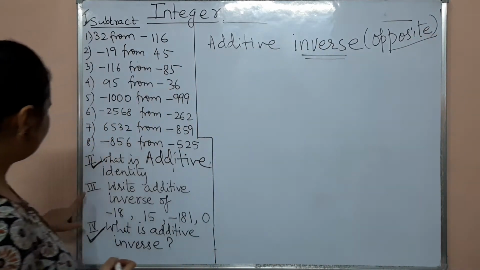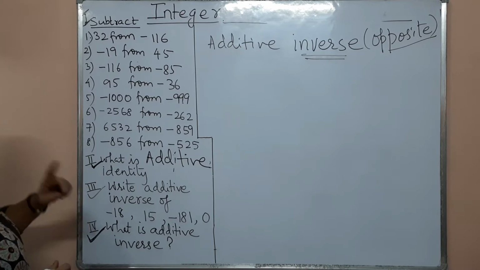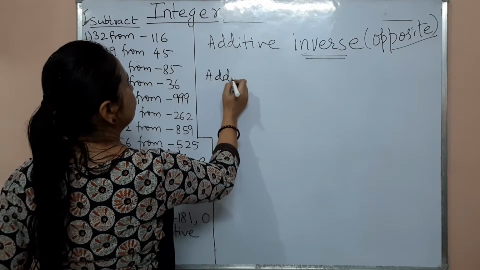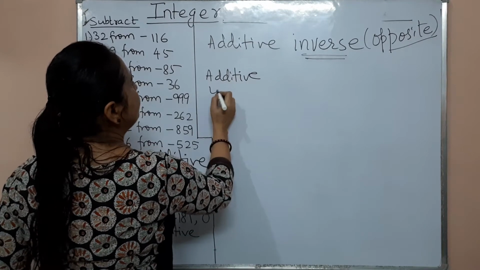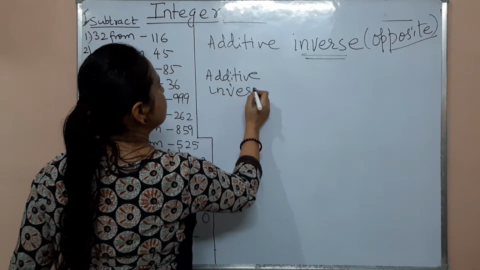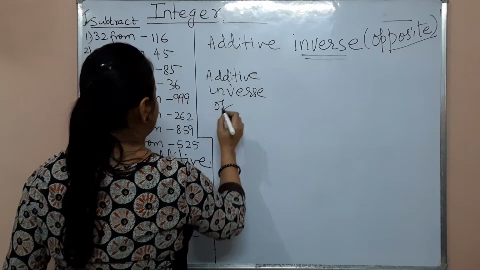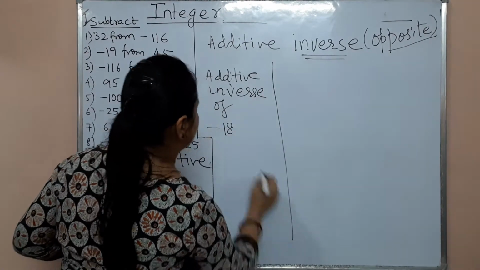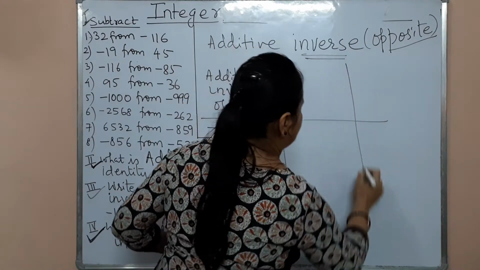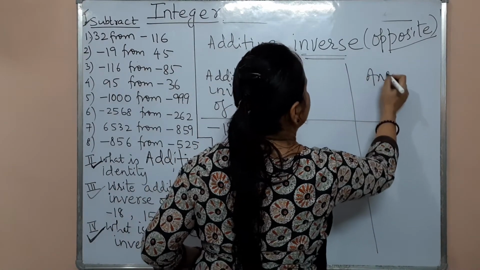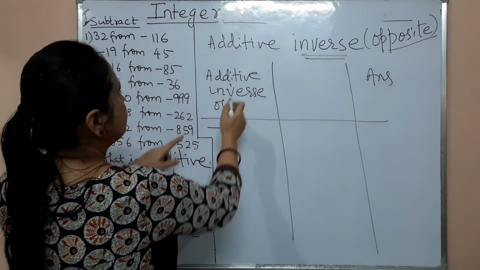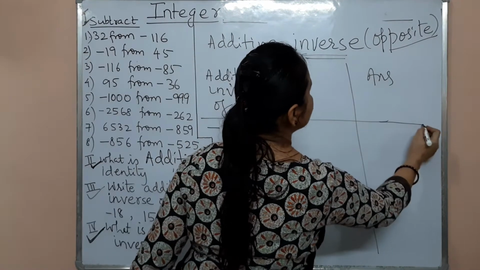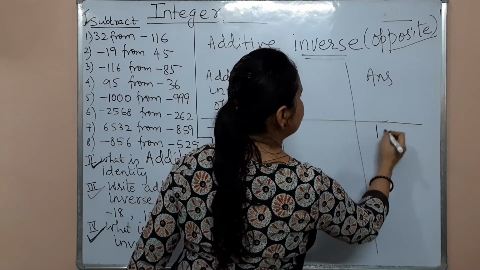Now I have given you a question in question number 3: additive inverse of minus 18. The answer will be just the opposite of that. Opposite of that is plus 18.